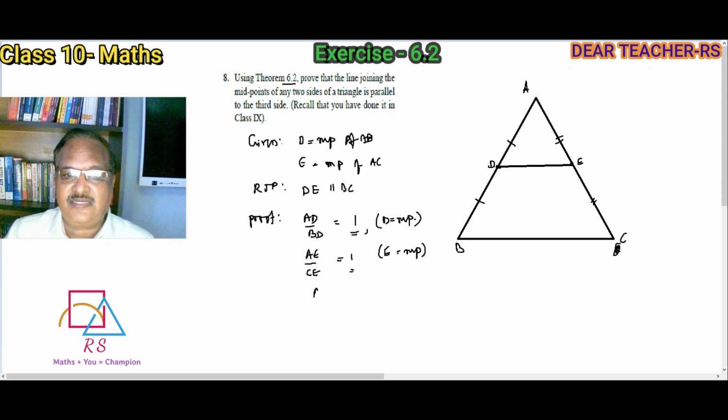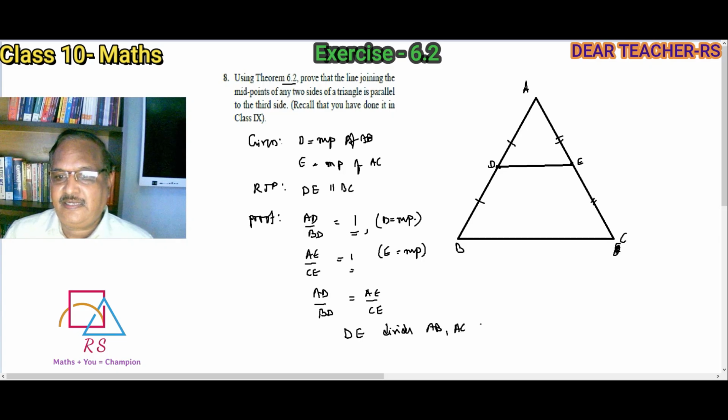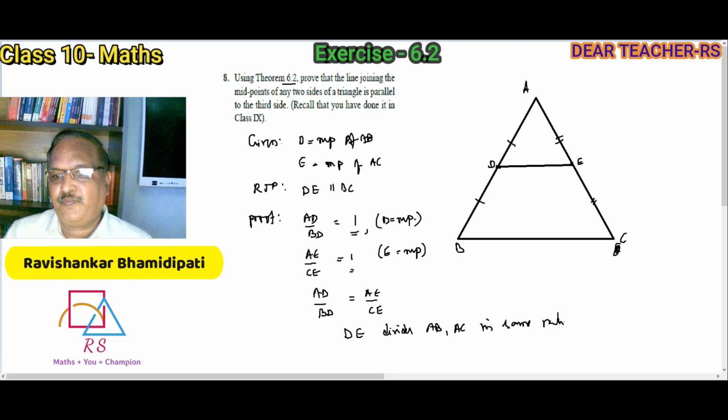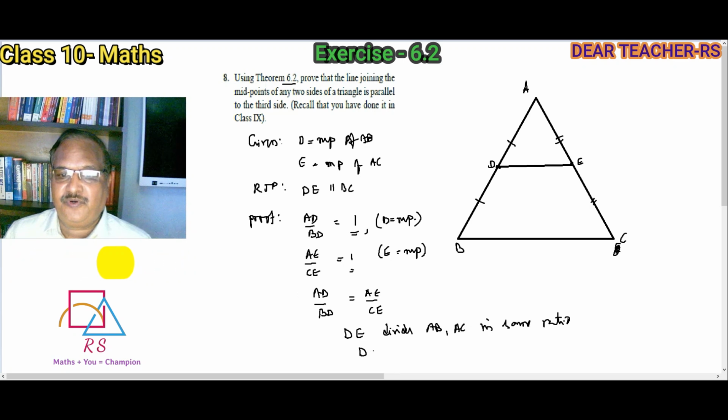Therefore left hand sides are equal. AD by BD is equal to AE by CE. So that means DE divides AB, AC in same ratio. Therefore DE is parallel to BC. This is how the proof of 8 will go.